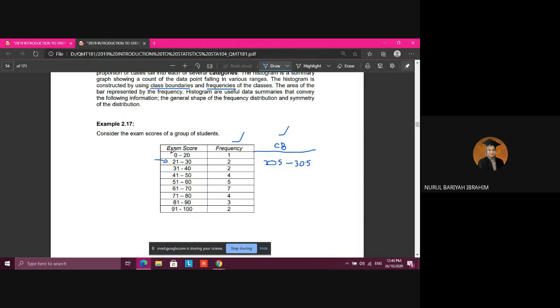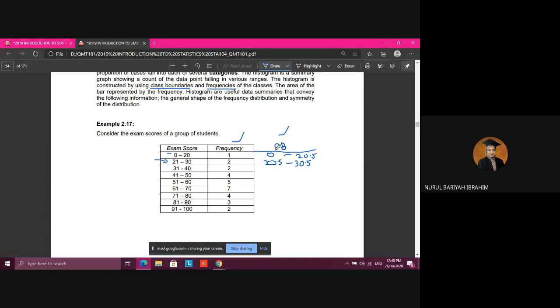Tapi di sini because we start dengan 0, kita should put 0. 0 minus 0.5, you tak boleh letak negative 0.5. So it will be 0. And here will be the upper limit tambah 0.5, so it will be 20.5.